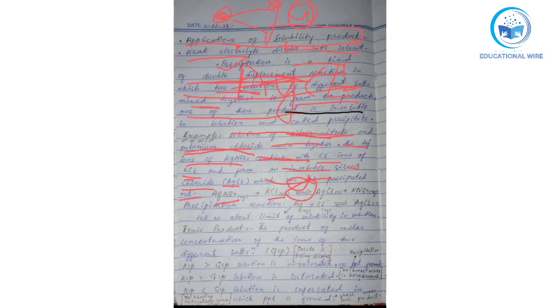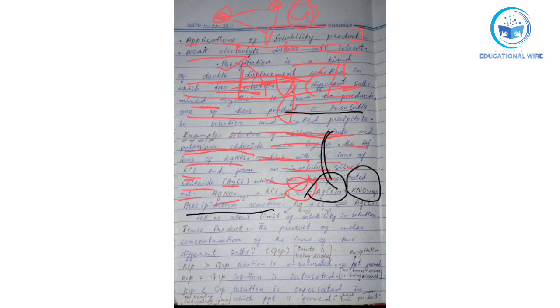Here Ag means silver and Cl means chlorine. When they combine together, they form AgCl, which is an insoluble solid, and the remaining product is aqueous KNO3, potassium nitrate. This is the precipitation reaction, which happens when an insoluble product forms.